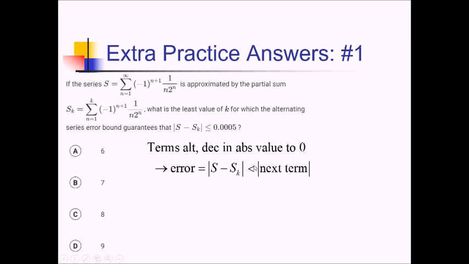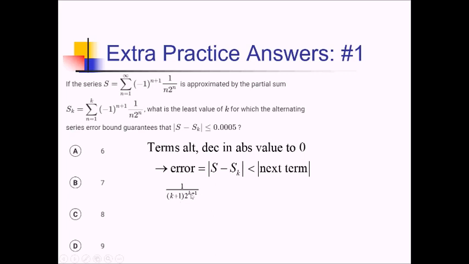So what is the next term? If we have a partial sum that goes up to k, the next term is basically going to be this summand with k plus 1 plugged in for n. So this is going to be 1 over (k plus 1) times 2 to the k plus 1.